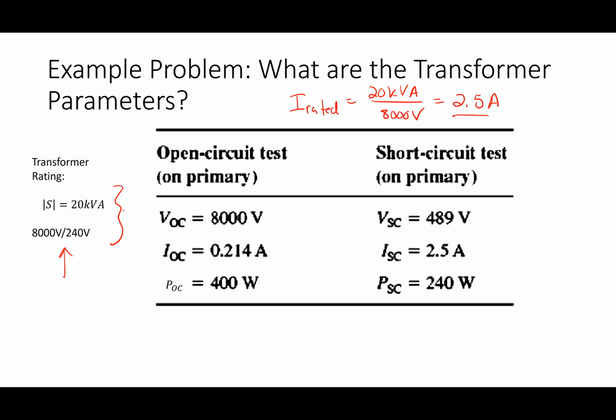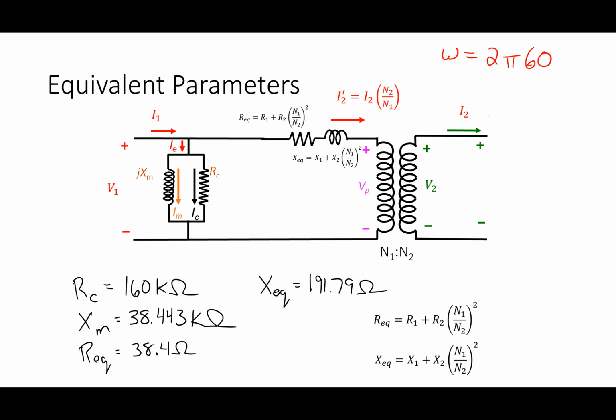We just said that means there's 2.5 amps going into the primary. At full load, this is 2.5 amps going in here.